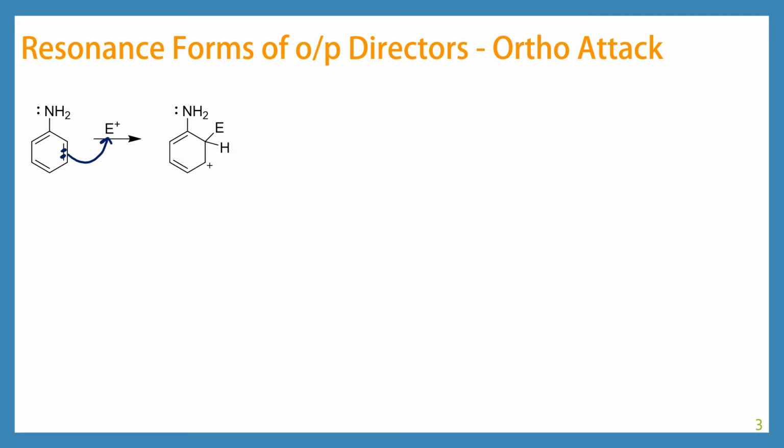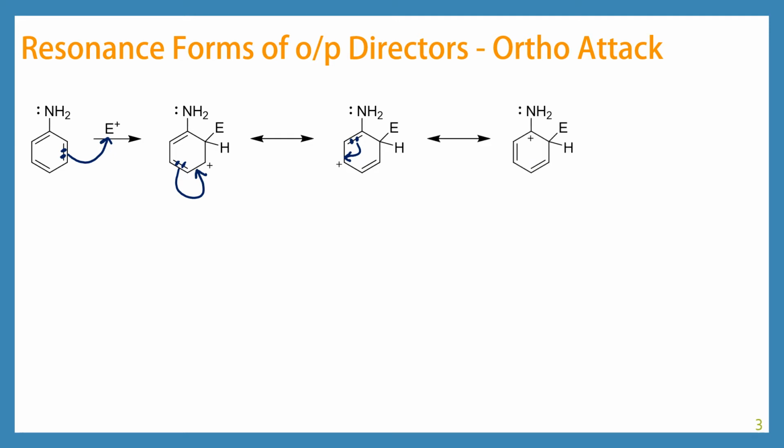Now, if we take these electrons and move them over, we get a new resonance form where the carbocation is still meta to the aniline, but now it's across the ring, para to the electrophile. We can move the electrons again to create a new pi bond, and now we've put the carbocation directly under the aniline.